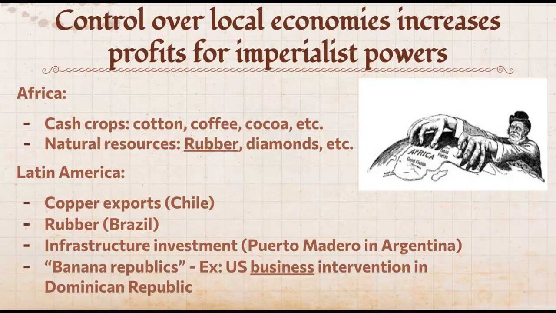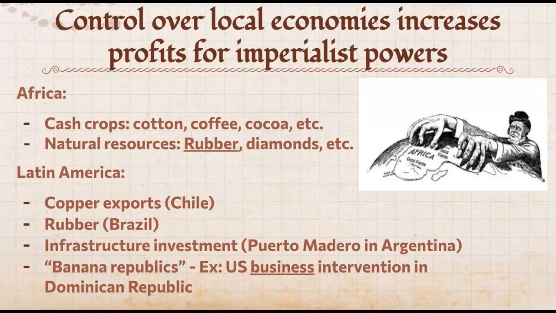In Africa, there is going to be a lot of European control based on natural resources, just like in East Asia and South Asia. So cash crops specifically being cotton, coffee, and cocoa.